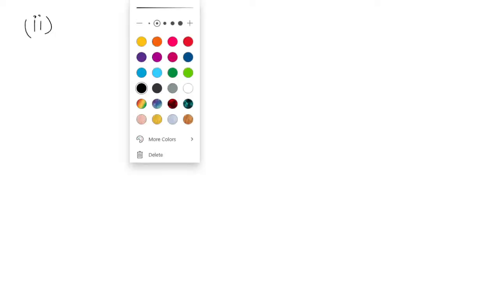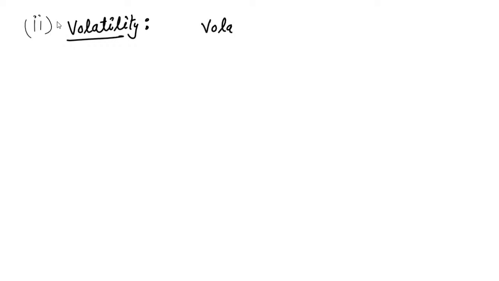Okay, so it is all about bond angle. Now, next is volatility. You know, all the hydrides of group 16 are volatile, and their volatility increases.